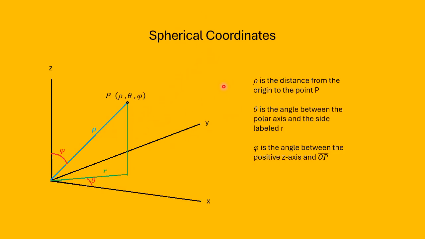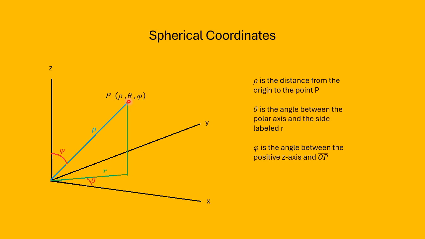So rho is the distance from the origin out to the point whose coordinates we are concerned with. It's the distance from the origin to the point P. Theta is this angle down here in the xy plane.